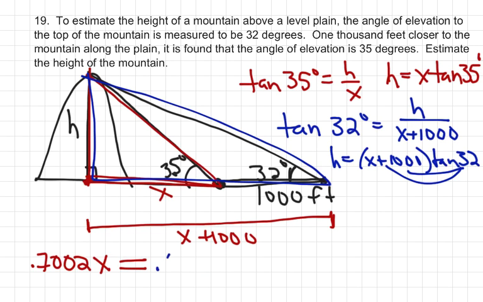So I get 0.6249x plus 0.6249 times 1,000 is 624.9. I'm going to get my x's on the same side by subtracting the 0.6249x.